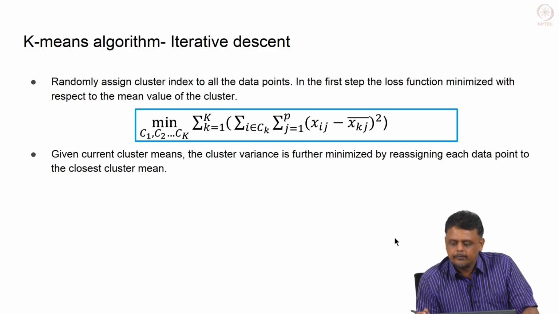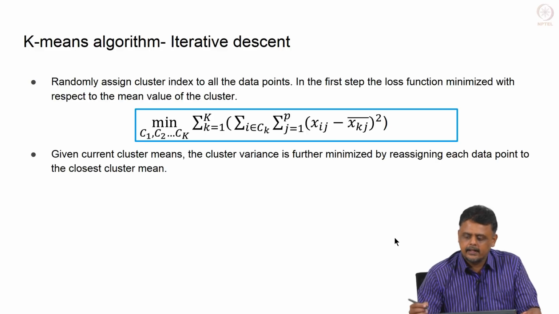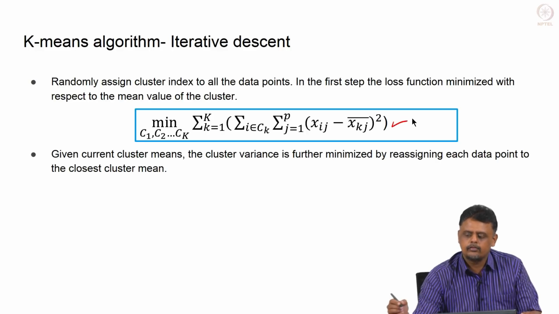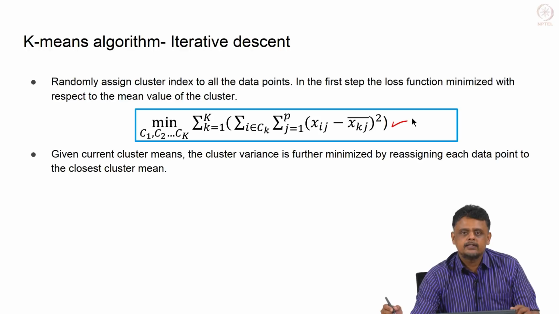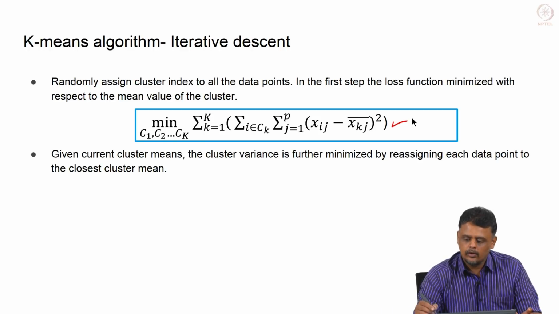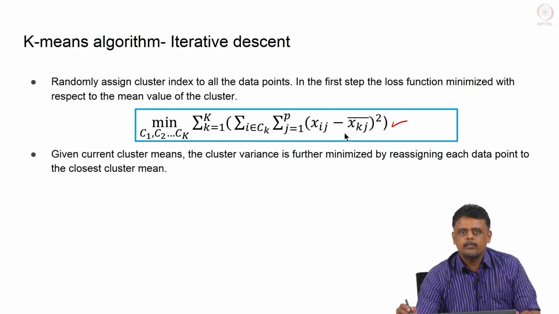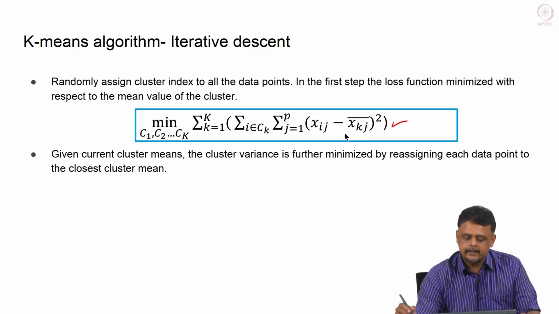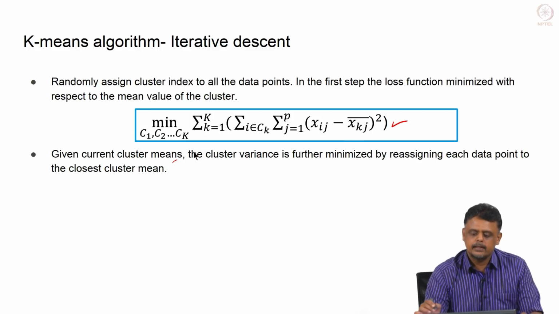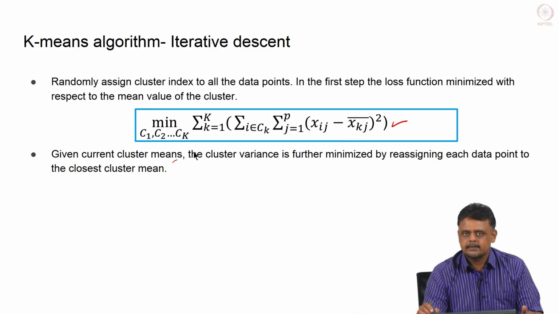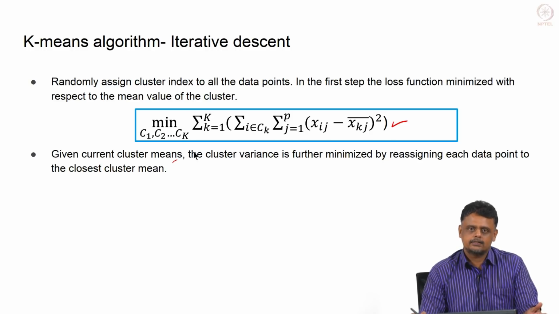So, in the first step, the loss function that we had mentioned earlier and have reproduced here for convenience is minimized with respect to the mean value of the cluster, right. So, we would determine the mean value of each of the clusters based on the data points in it, and in the second step, given the cluster means, you can minimize the cost function further by reassigning each point to the closest cluster mean.